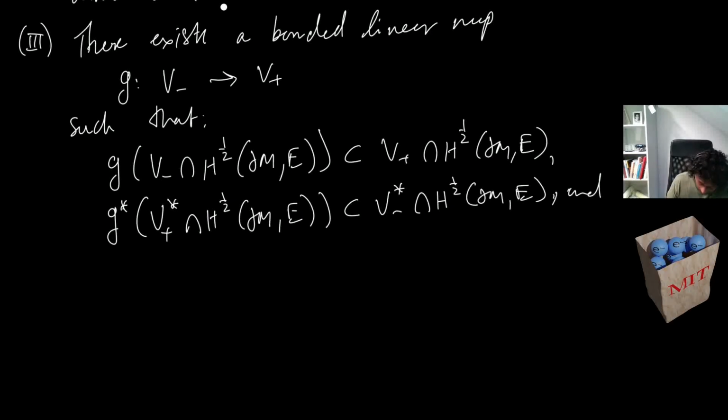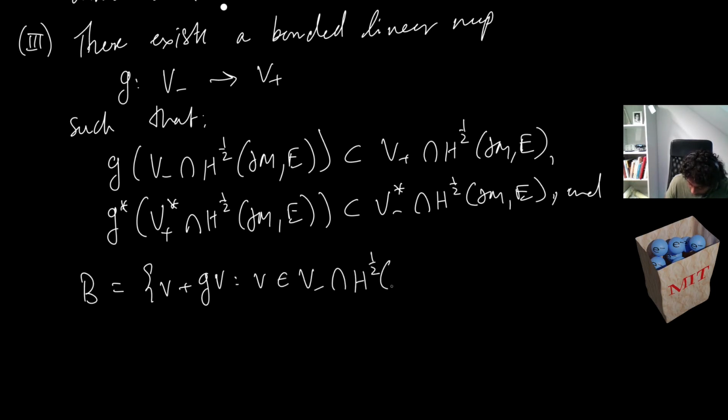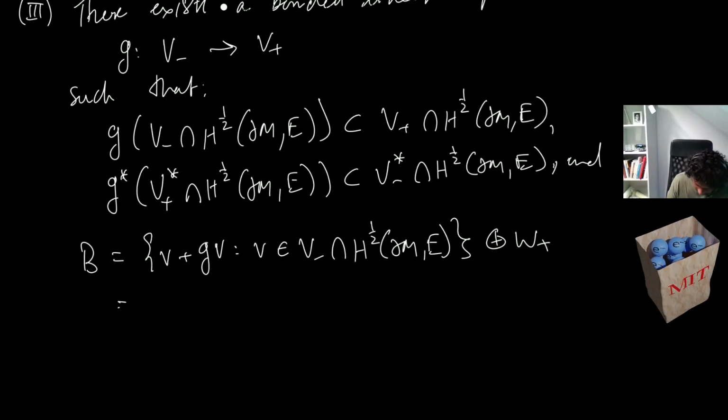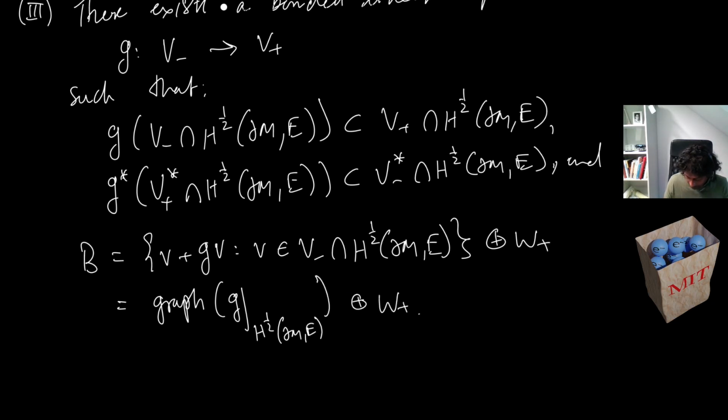And B is now equal to V plus GV, such that V is in V minus intersect H half partial ME, plus W plus, which is exactly equal to the graph of G restricted to H half plus W plus.